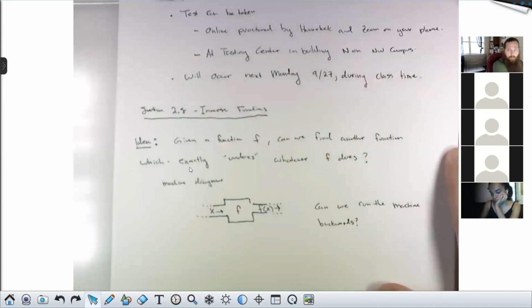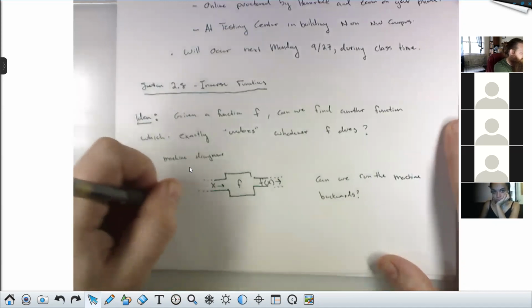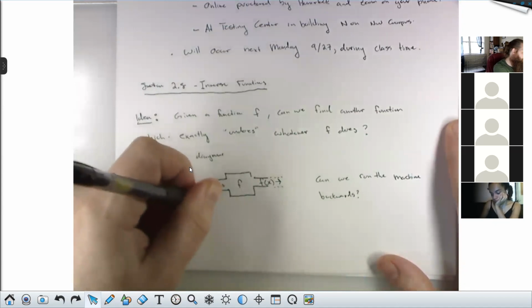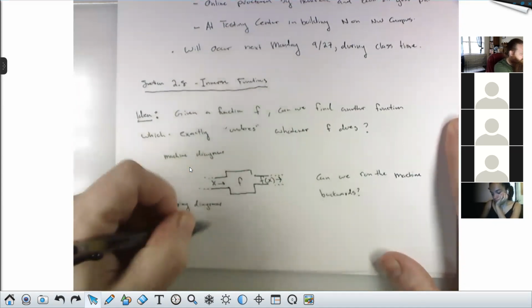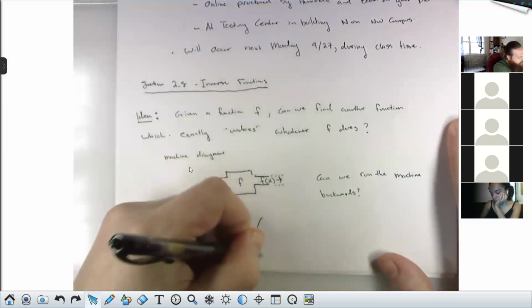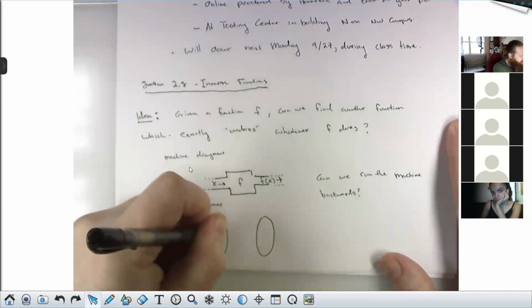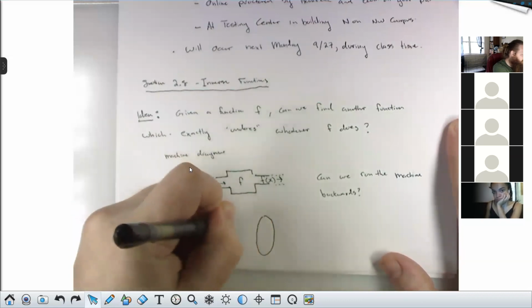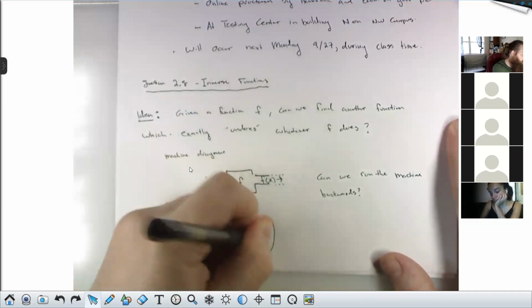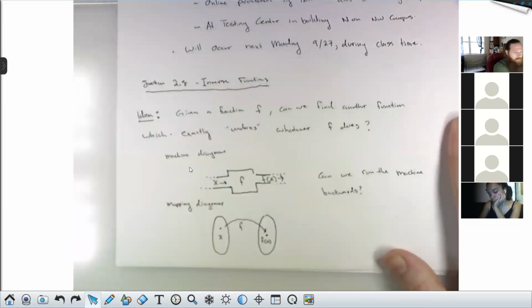And in terms of mapping diagrams, that's where you've got your domain over here, got your range over here. You've got your inputs getting sent to your outputs. This is the mapping diagram for the function f.